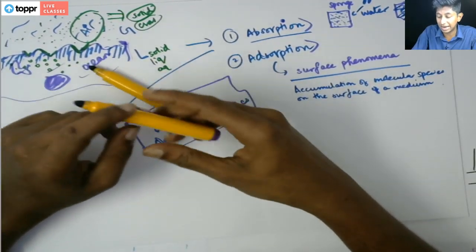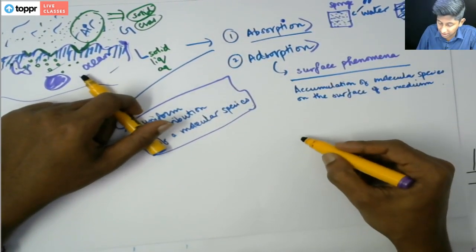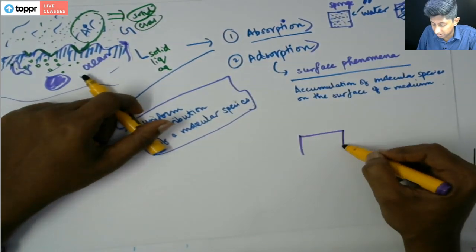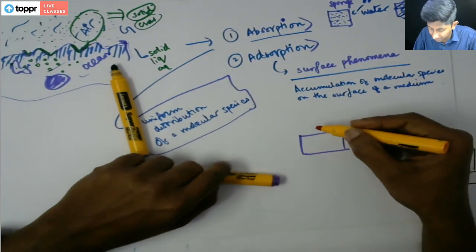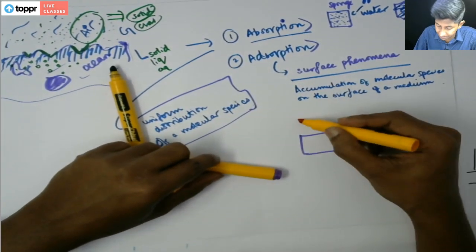This is adsorption. So for example, I have a metal block with me. This metal block is surrounded by air.